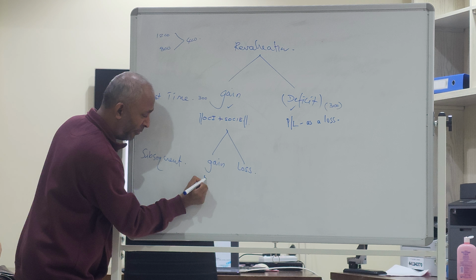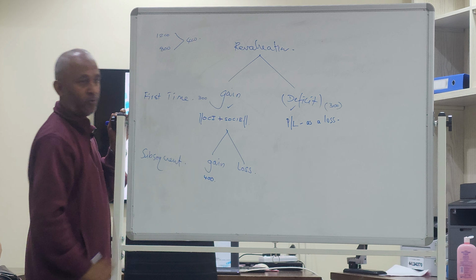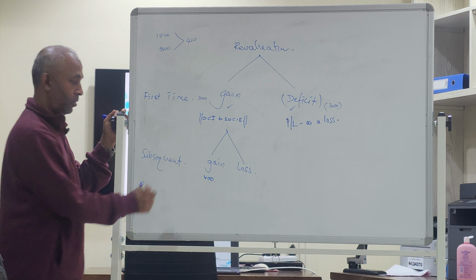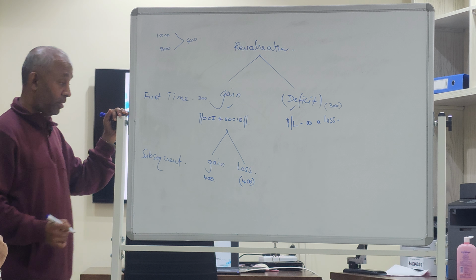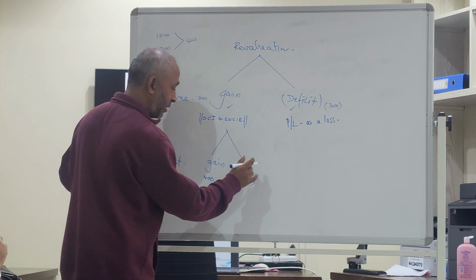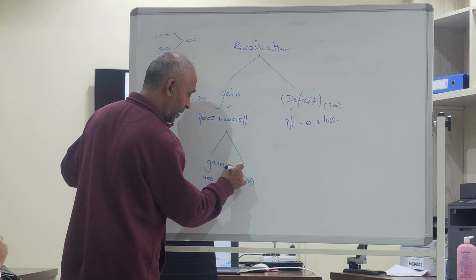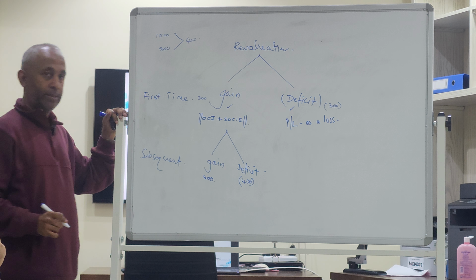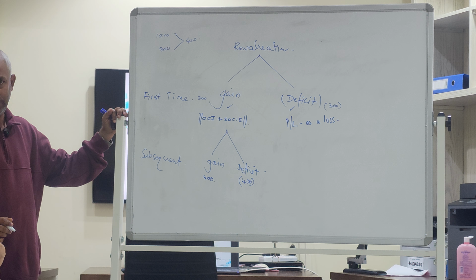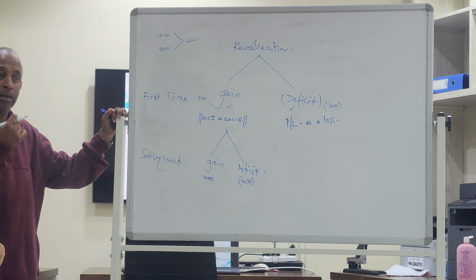Now I have a gain of 400, or I have a loss, meaning not a loss, we use a different term here, we say a deficit of 400. How will you deal with this? This is also very important.